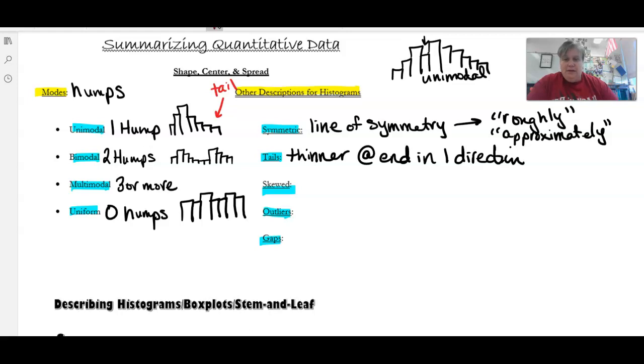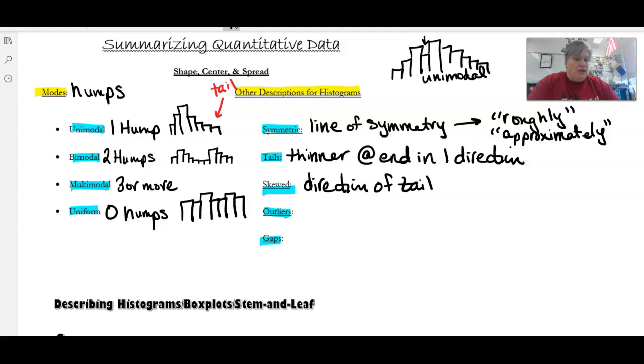Okay. The last one we have for this topic, we'll talk about outliers and gaps in a second, is skewed, and skewed is the direction of the tail. A lot of people are going to get this backwards. You have to be careful of this. Whatever way the tail goes, that's the direction of skewed. So this tail is on the right. So this picture for the unimodal is skewed to the right. Okay?